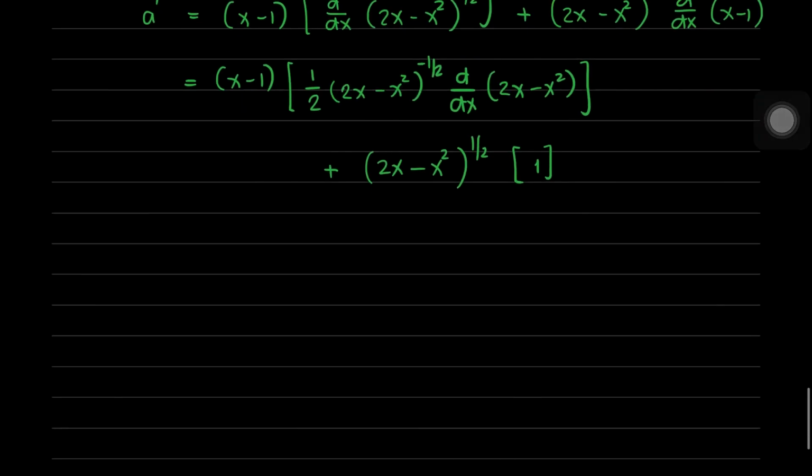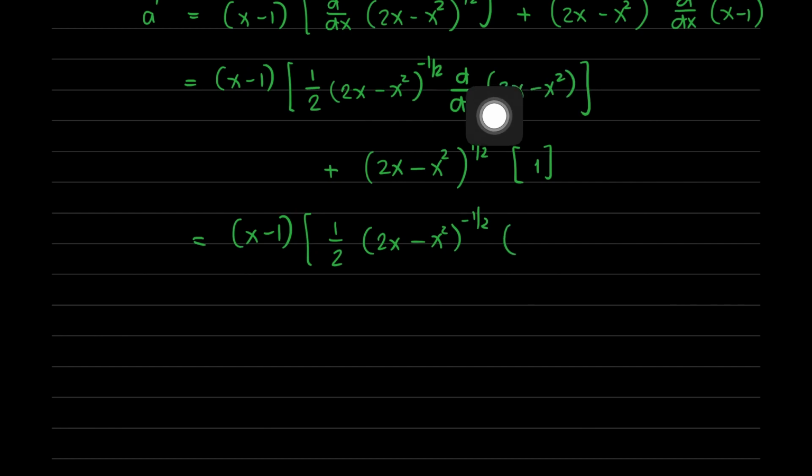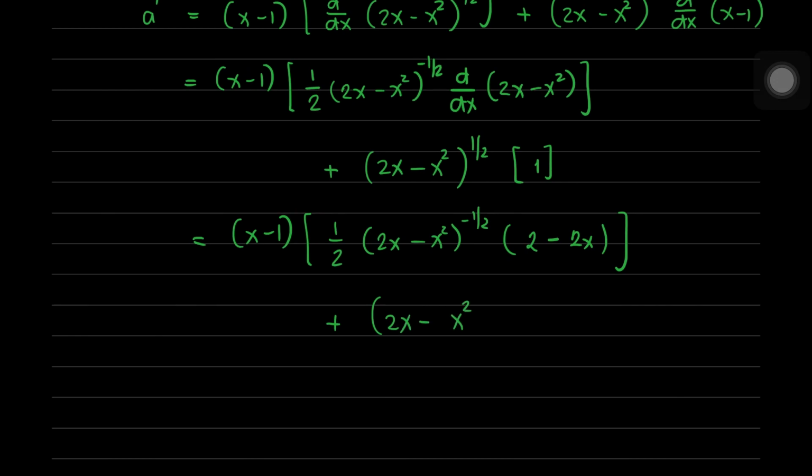Alright, so continuing with our solution, this is now equal to x minus 1 multiplied by 1 half. So that would now be 2x minus x squared raised to negative 1 half multiplied by the derivative of 2x minus x squared, so that would be 2 minus 2x plus 2x minus x squared raised to 1 half.